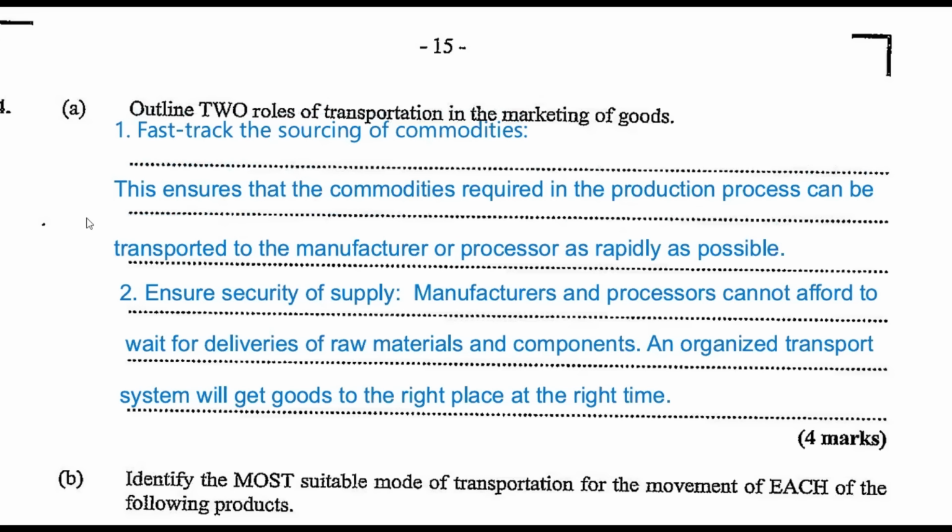Now, this ensures that these commodities required in the production process can be transported to the manufacturer or processor as rapidly as possible. So, goods, raw materials, and so on, agricultural items, this is what commodities are.